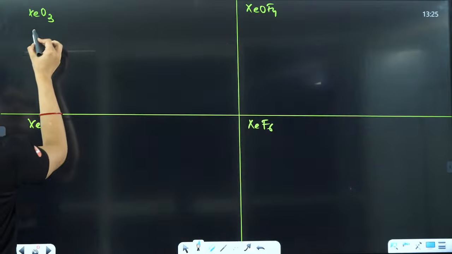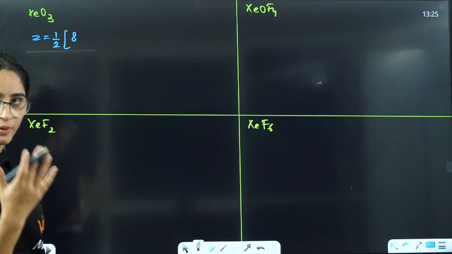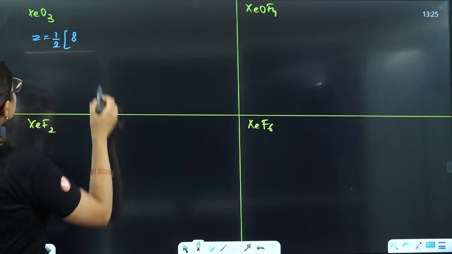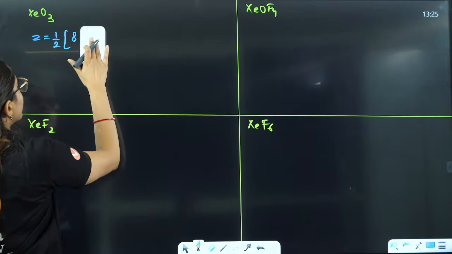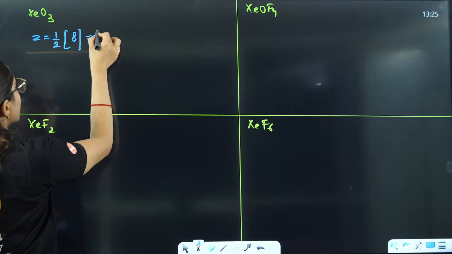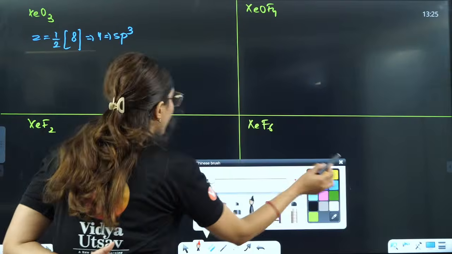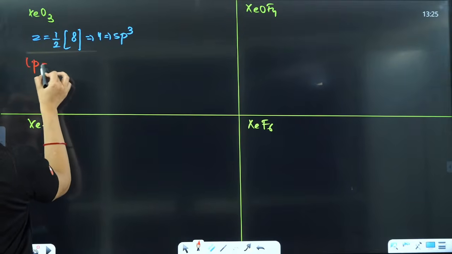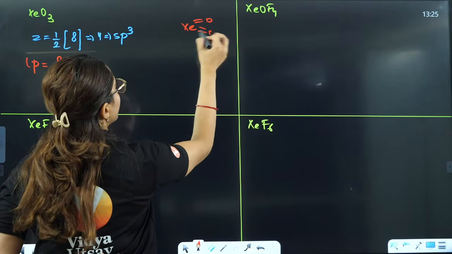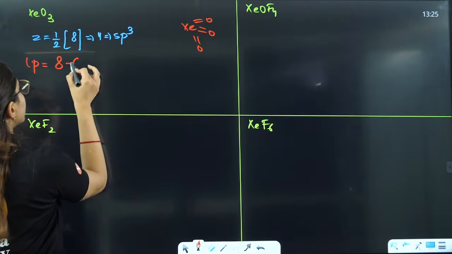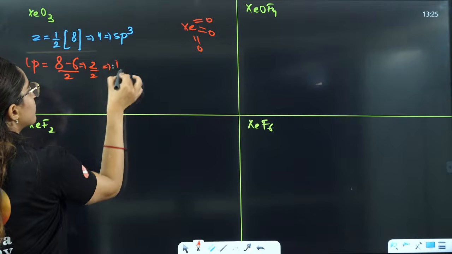See, Z is going to be half. Valence electrons: xenon is a noble gas, group 18, so 8 electrons, minus how many monovalent? No monovalent, so it is going to be 8 only, no positive or negative charge, so it is going to be 4, that is sp3 hybridization. In sp3 hybridization, valence electrons are 8 and it is going to xenon 1 2 3 4 5 6. So 6 bond pair it will be, that means 2 electrons will be left here, that means 1 lone pair will be there.